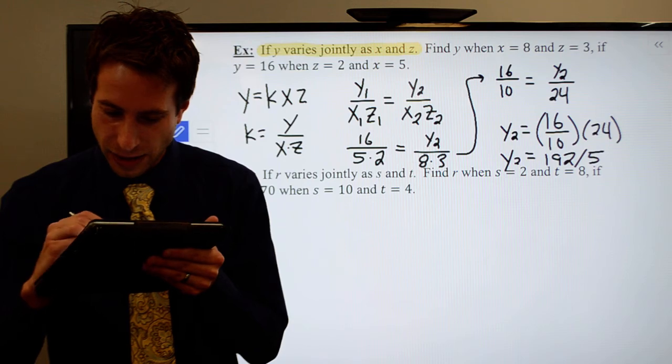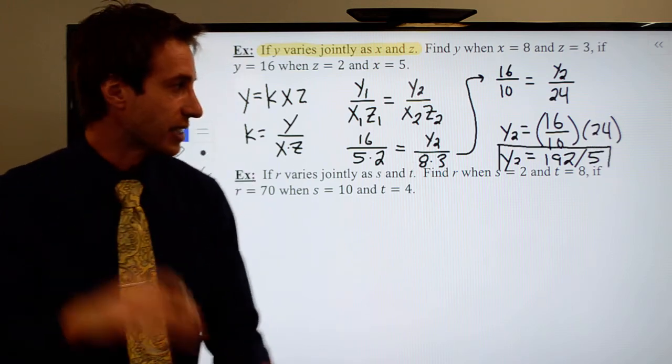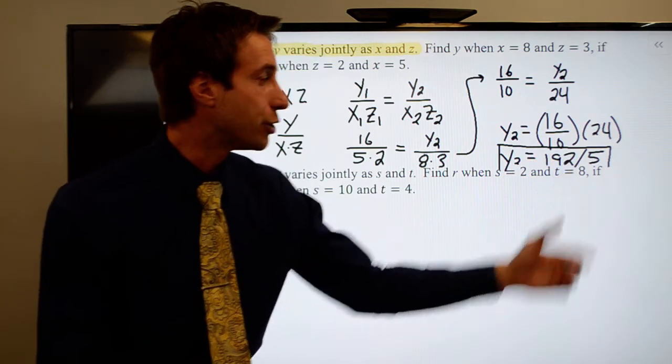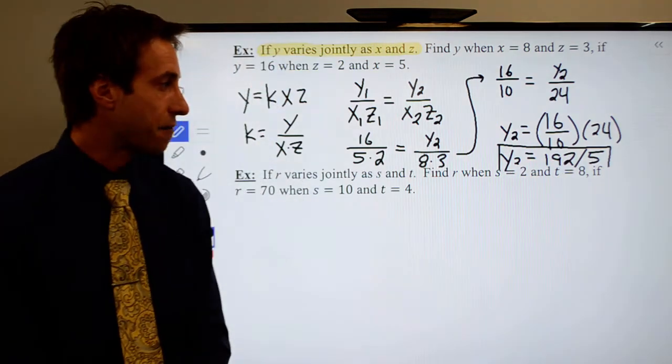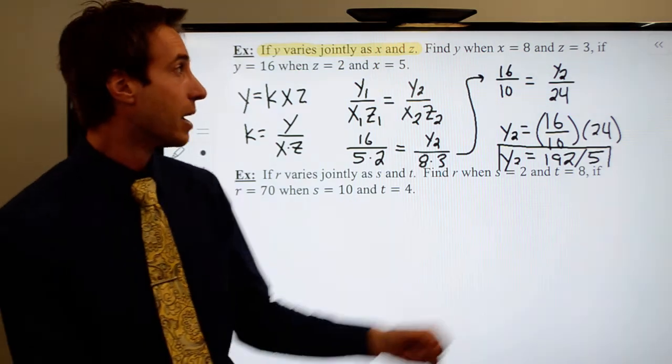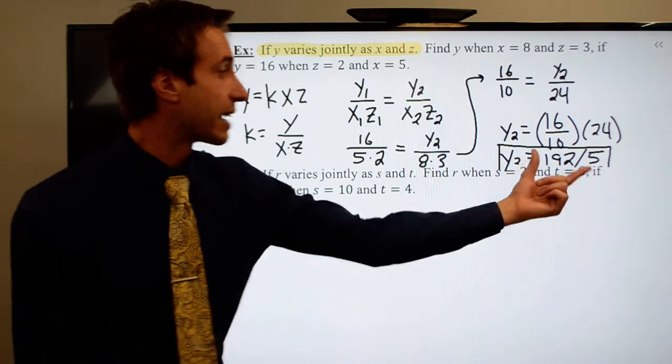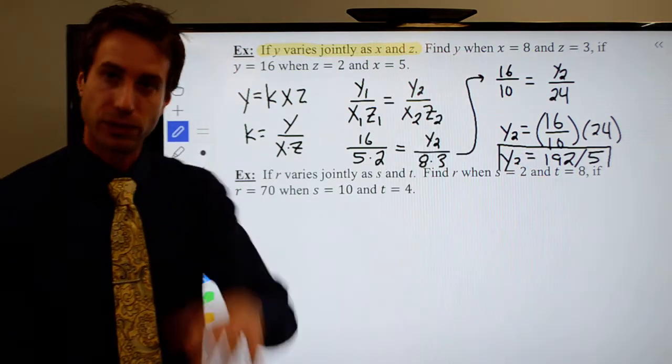I didn't leave myself very much space here. But anyway, 192 divided by 5, that's as a reduced fraction. That's completely simplified. So there we go. Thanks to my joint variation function, I can find that y value. Let's go ahead and try another one.